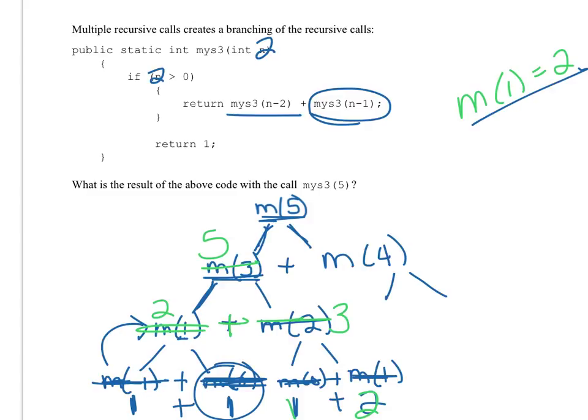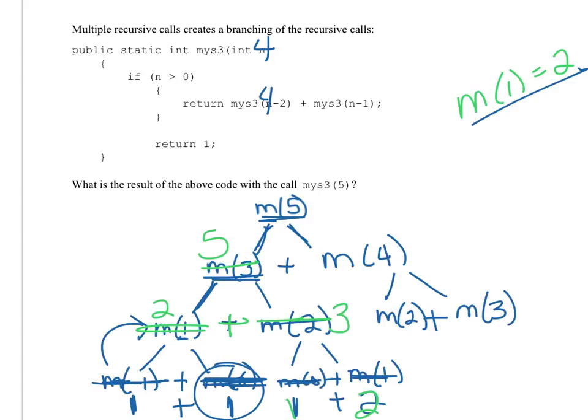So we have to go back. So M4 here, you kind of have to do each one like it's a brand new day. Okay, mystery 4 would be mystery 4 minus 2, which would be mystery 2, plus mystery 3.